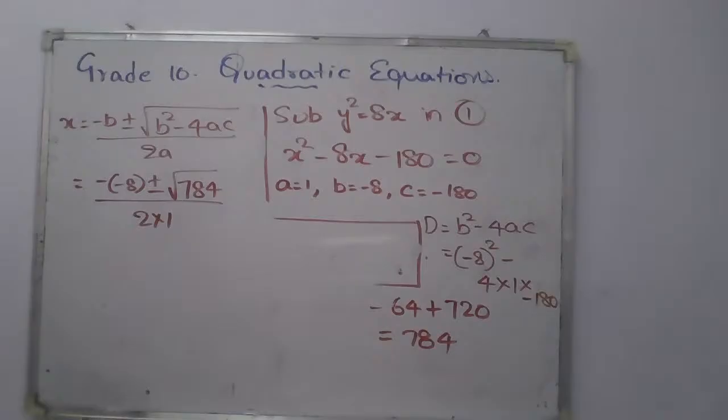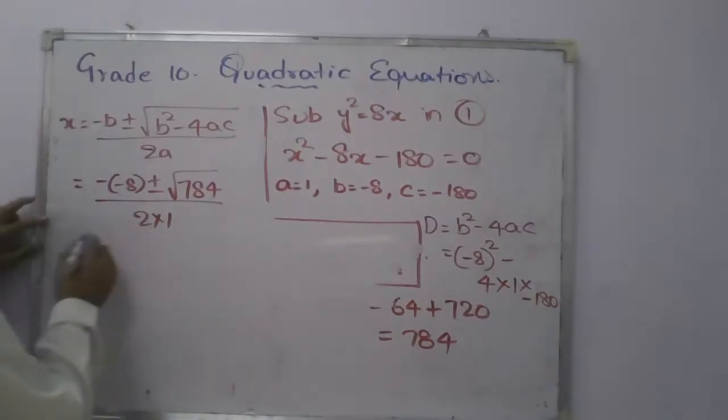Can you please check, my dear students? 38 into 38? No. Check 32 into 32. It is 600, right? Sorry. 28 into 28. Yeah, 28 into 28 is 784.